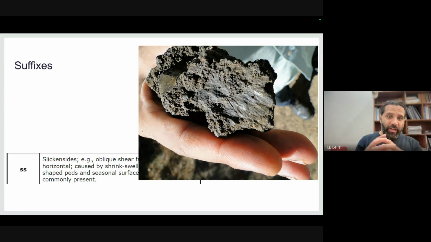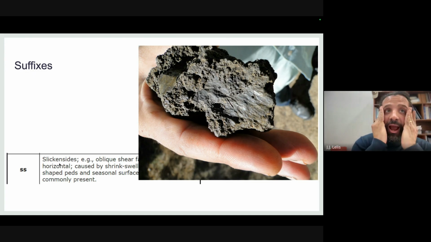Because of this change of volume during the wet and the dry season, some of these aggregates, some of these peds, they can frictionate against others. And this friction can produce some shiny faces. These shiny faces, we call them slickensides. So these slickensides, they are not related to clay migration. They are related to friction between aggregates.